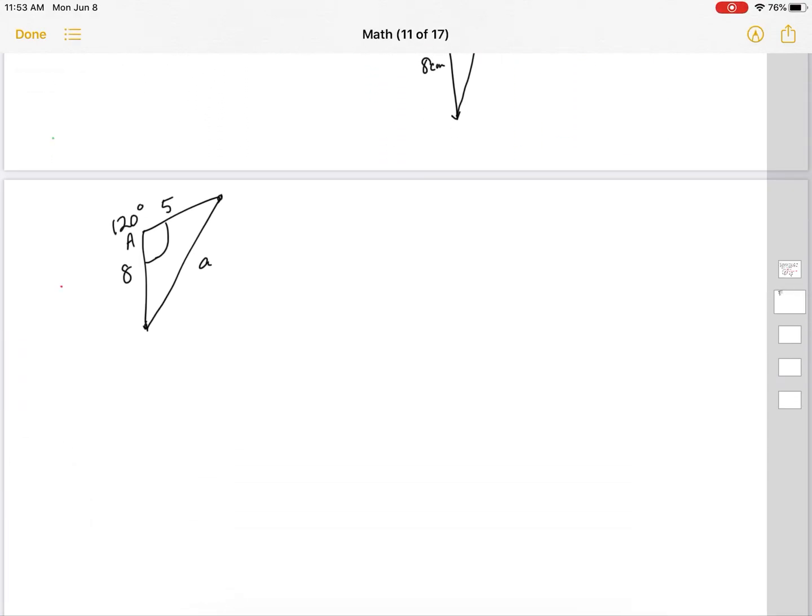This is the hard part, getting that triangle drawn and understanding what the angles are in that particular triangle. Now we're using the situation where we're looking for a side. So the version of the cosine law is a squared equals b squared plus c squared minus 2bc cos of A. Okay, so let's put it all in.